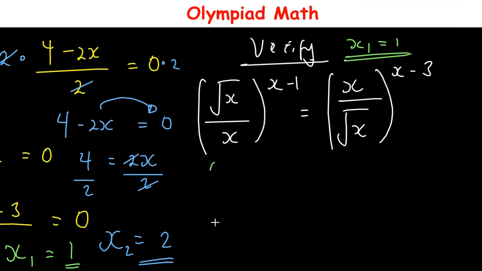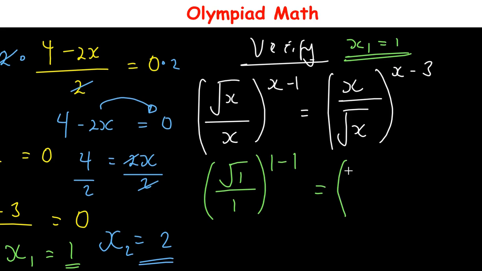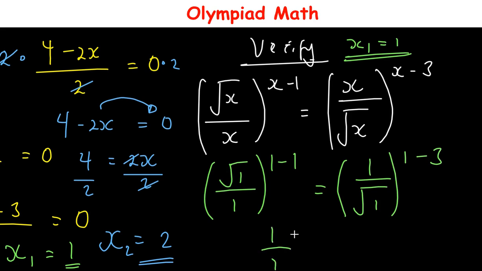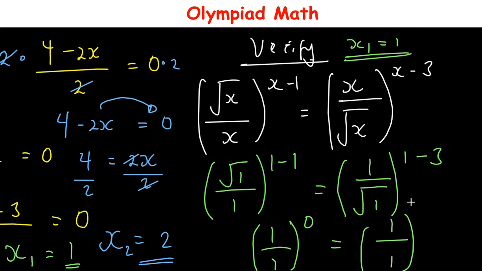So we have, in brackets, the square root of 1 over 1, all raised to power 1 minus 1, equals, in brackets, 1 over the square root of 1, all raised to power 1 minus 3. So the square root of 1 is 1, over 1, all raised to power 1 minus 1 is 0, is equal to, in brackets, 1 over the square root of 1 is 1, all raised to power 1 minus 3 is minus 2.